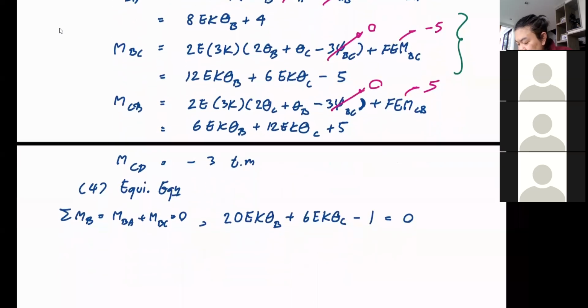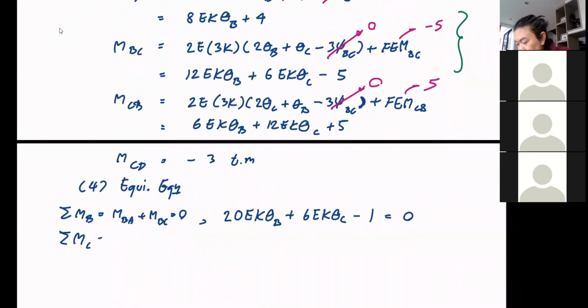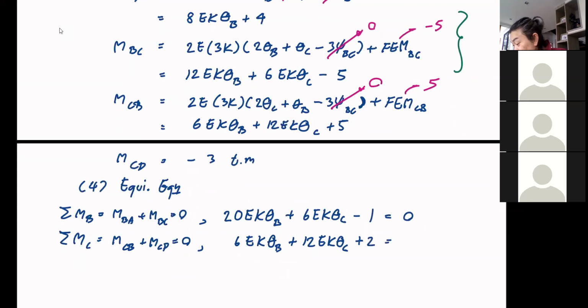And then we have sigma MC equal to 0. And that is MCB plus MCD equal to 0. So now we have 6 EK theta B plus 12 EK theta C. We have plus 5, we have minus 3, so it becomes plus 2 equal to 0.